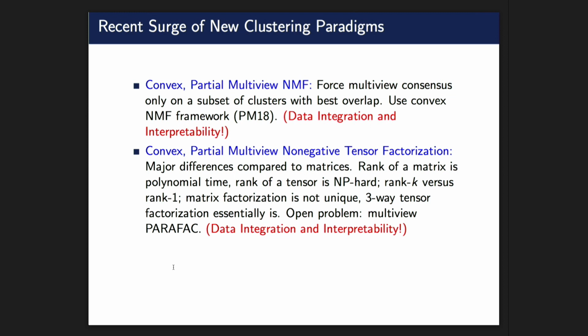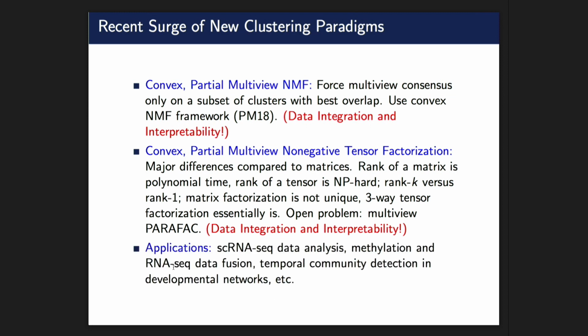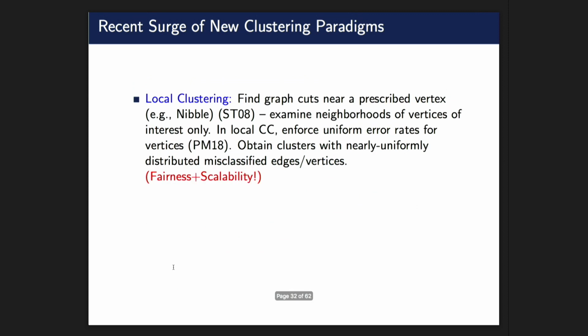Whenever you have some kind of dynamical evolution of communities or networks, you would like to work with tensors, and this problem has only been brought to the machine learning community's attention in the context of non-negative tensor factorization just a few years back. The applications are many. I would like to point out that my group is working on single-cell RNA-seq data analysis with non-negative tensor factorization and some new methods.